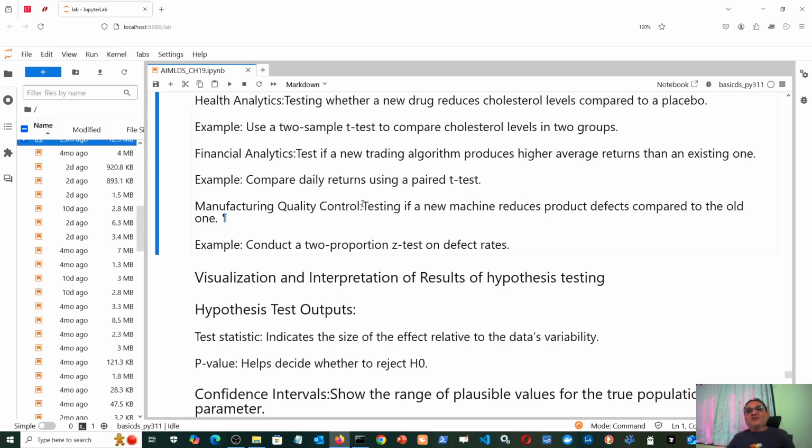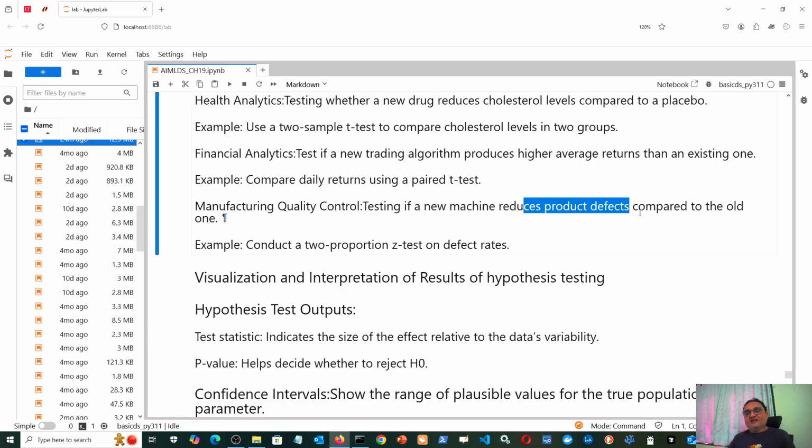So if you are planning to introduce a new predictive manufacturing technology, and suppose it is a big manufacturing firm like maybe Larsen, or some foreign firm like maybe Boeing or Airbus, they will not accept your claim that my technology reduces the product defects.